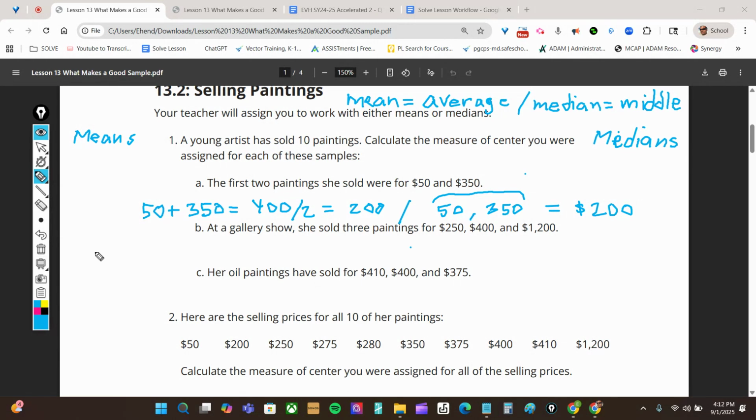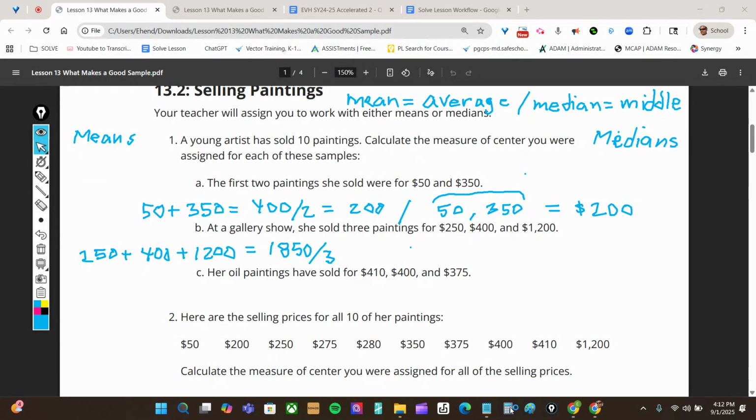All right, so over here, to find the mean or the average, we're going to do 250 plus 400 plus 1200. And that is going to give us 1850, which we're going to divide by 3.